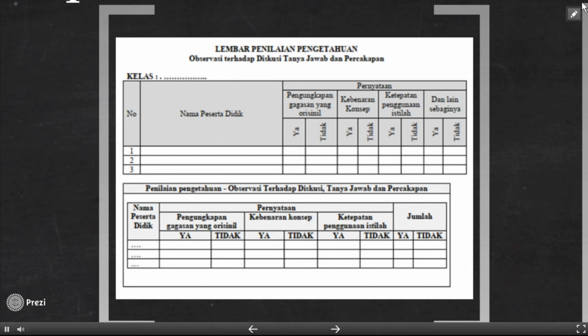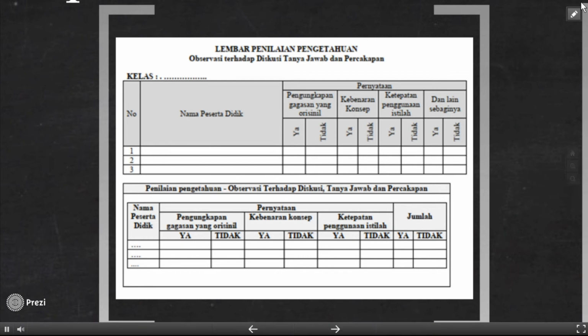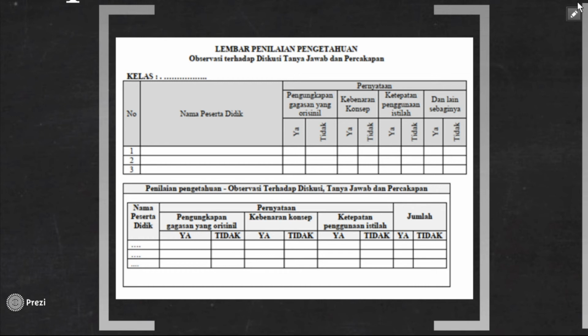We can see in the rubric just what class it is, and then the names of the students, and then there are some statements, not questions but statements, about how they deliver their idea, how about the truth of their concept, and the effectivity or efficiency of using terms and others for the score.